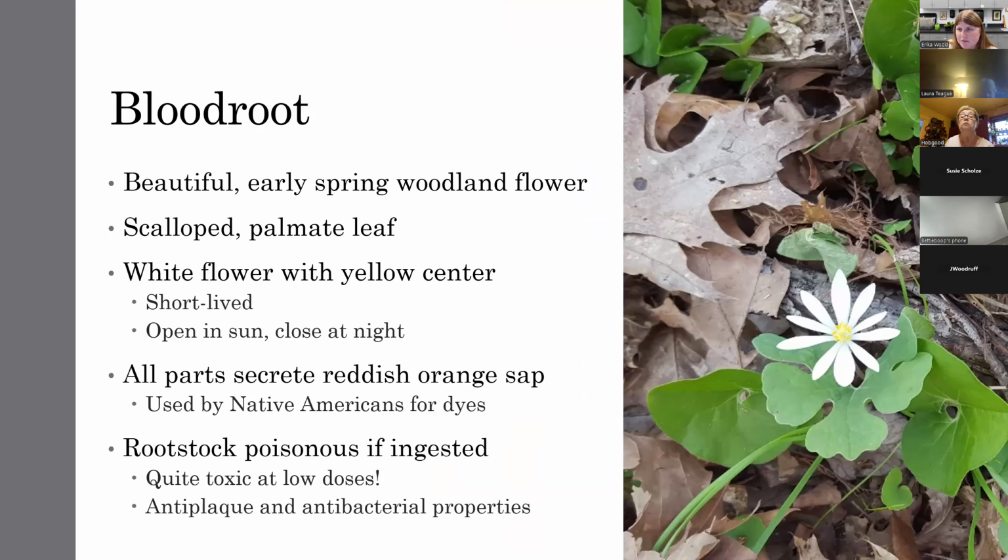We've talked about bloodroot in some other classes, but this is an exceptionally beautiful spring ephemeral plant. It has that gorgeous scalloped leaf, and in early spring, sometimes even late winter, depending on the winter conditions, it will produce this lovely little white flower with a yellow center.